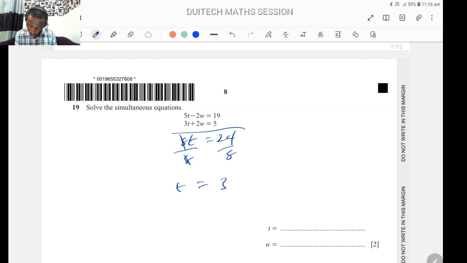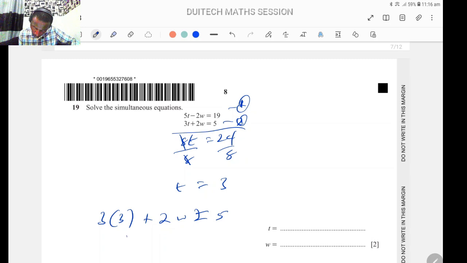So if I got my t as 3, I can use it in any of the equations. I can use any of them to solve it. Let me call this one 2 and this one 1. So let me use equation 2 to solve it. So I have 3 in bracket, 3 plus 2w equal to 5.